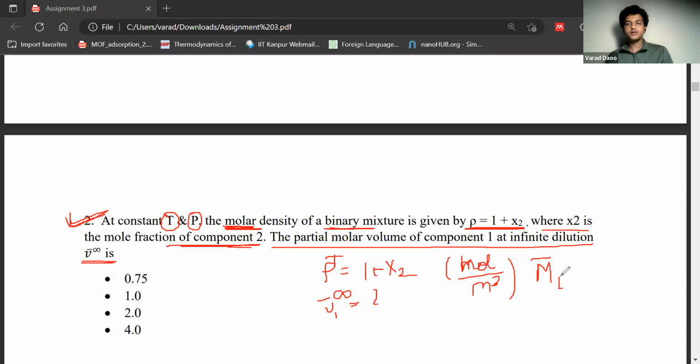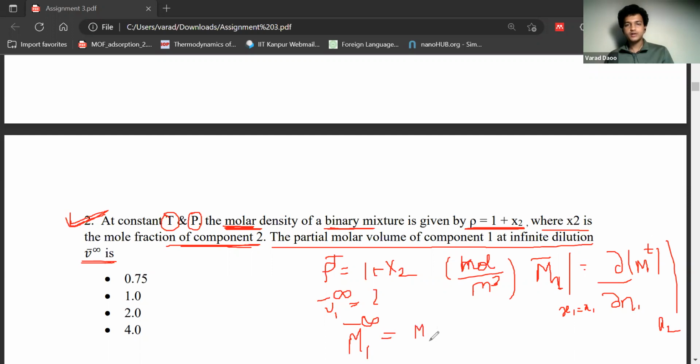The partial molar property of component 1 in a mixture is dou by dou n1 of the total property at constant n2, right? And once we get this M1 bar, M1 bar infinity is M1 bar with x1 equal to 0. That gives us M1 infinity.